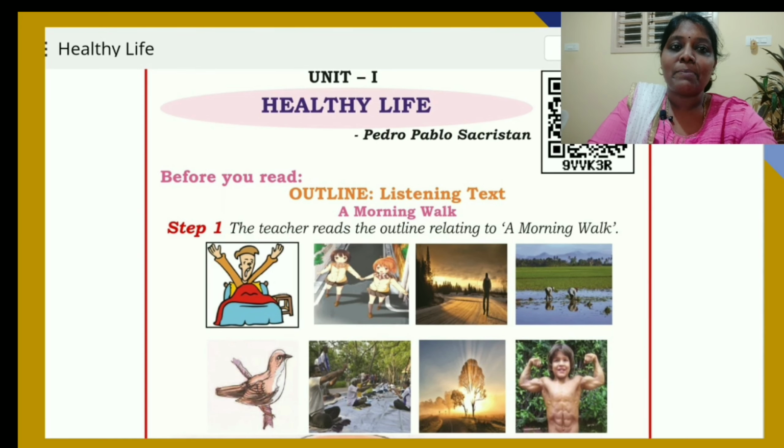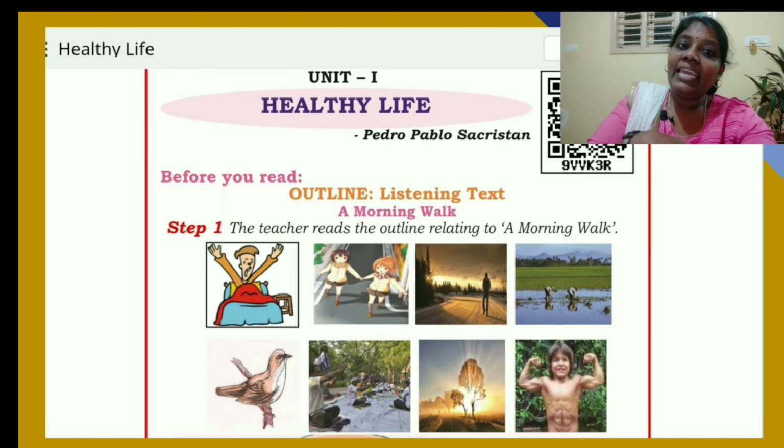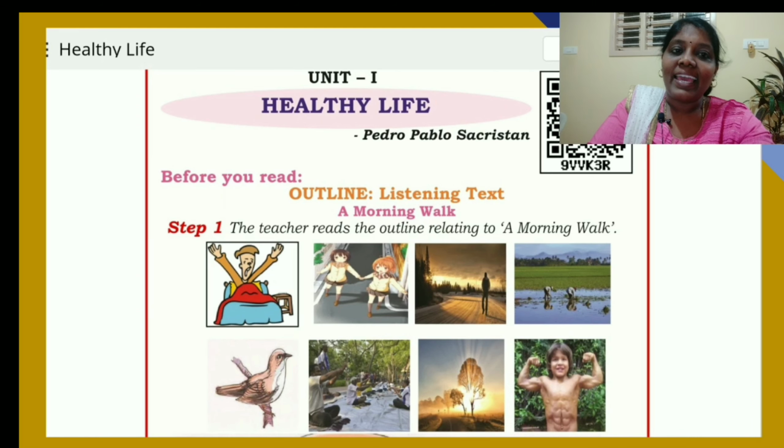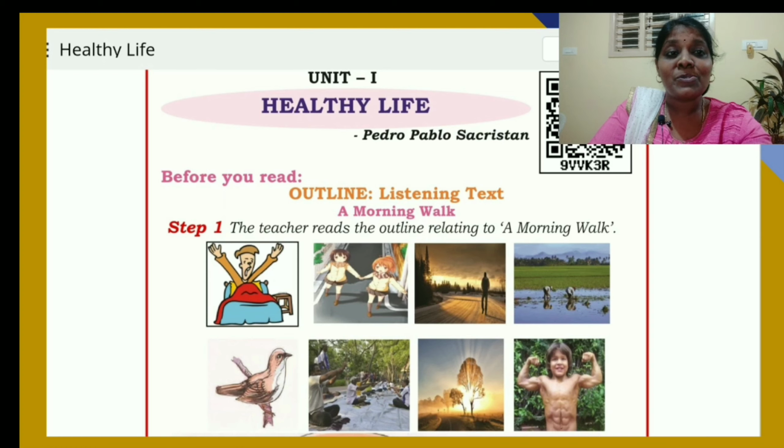The second picture symbolizes that the person who woke up early is taking a morning walk. He is walking through the road and feels the fresh air, and he sees farmers in the field. Birds are chirping and people are doing exercises. Slowly the sun rises, and while going back home, he also practices some exercise to stay fit and healthy.